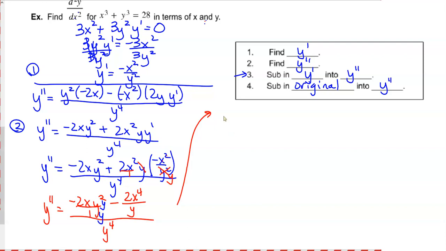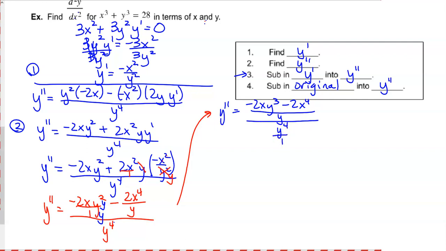And when I do that, y double prime is equal to, looks like, minus 2xy cubed minus the 2x to the 4th, all over the common denominator, which is a y. But remember, I still have that y to the 4th, so I'm going to put that all over y to the 4th, and I'm going to go ahead right now and put that over 1.